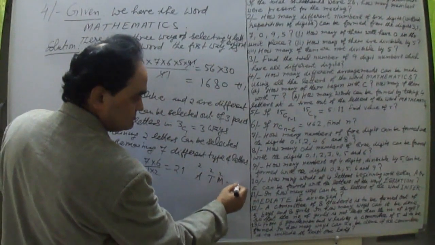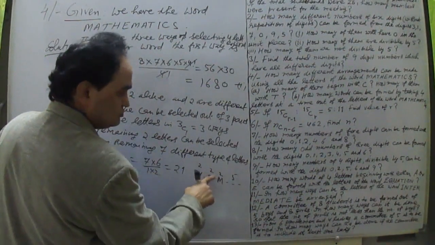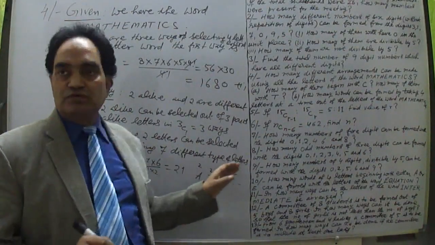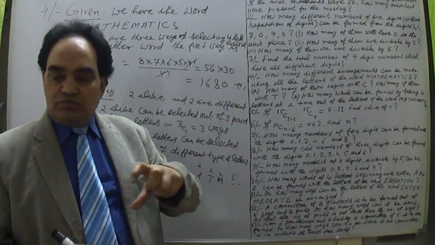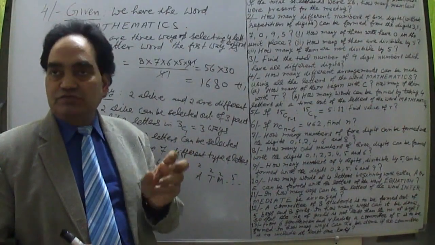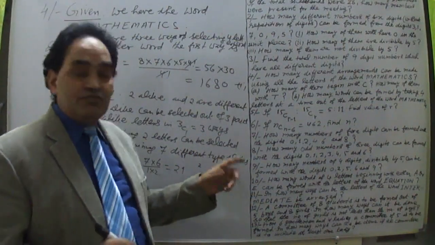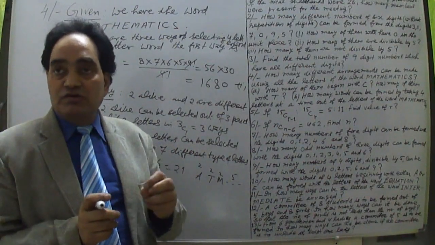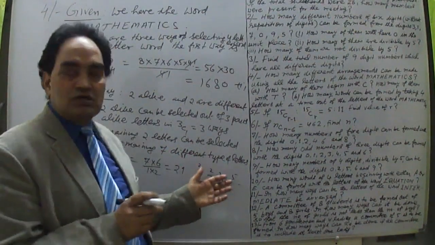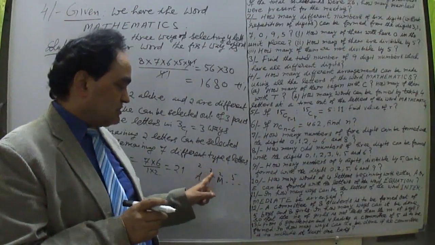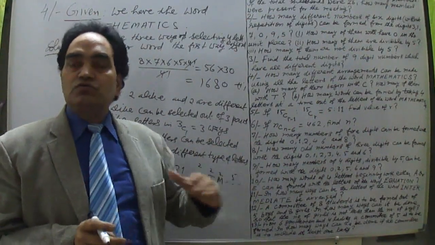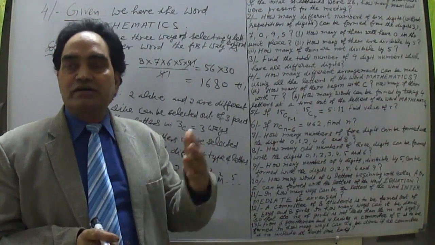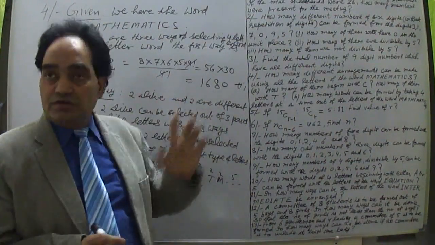So total are 11. 2 plus 2 plus 2, 6 are similar characters, 3 pairs of these 6 letters, and 5 are unique characters, single ones that are not repeated. Total are 8 types: 1st type, 2nd type, 3rd type, and 5 others. There are 8 types of different characters or letters we are having here.